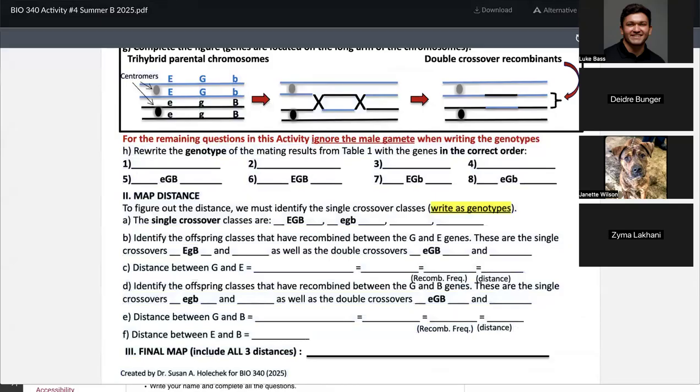I think there might be something on Khan Academy. I'm trying to think. I usually point people to Chad, but he doesn't do genetics. If you go on YouTube and search for something, you may actually come up with something decent. Deidre, do you know of anything specific for this?